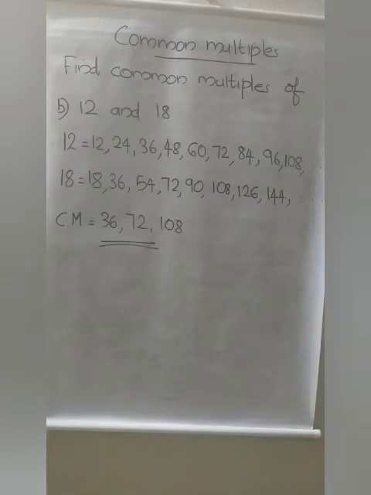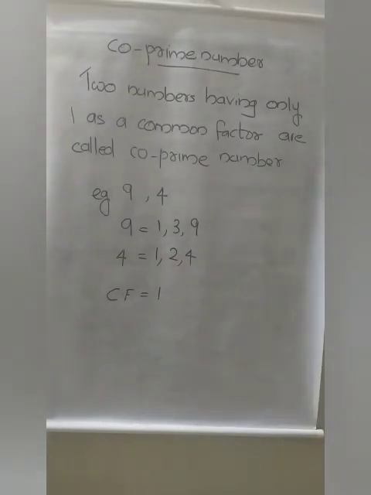Okay. Next we can look at what coprime numbers are. Prime numbers you know. Then what is a coprime number? Two numbers having only one as a common factor are called coprime numbers.